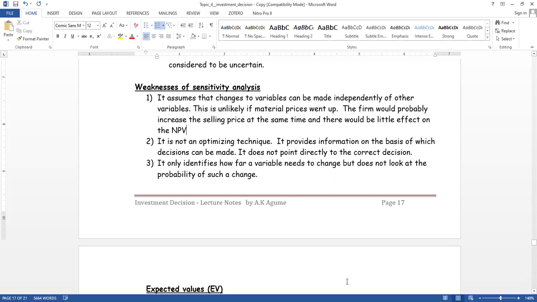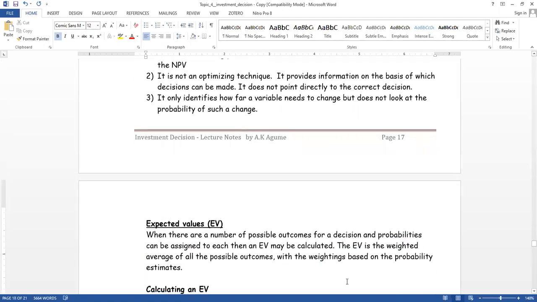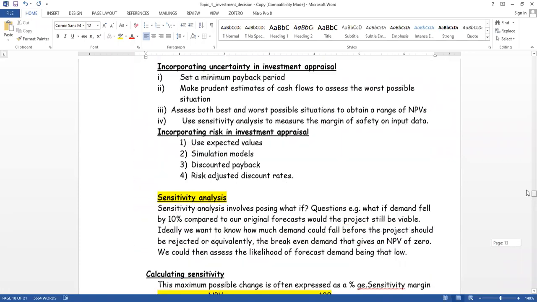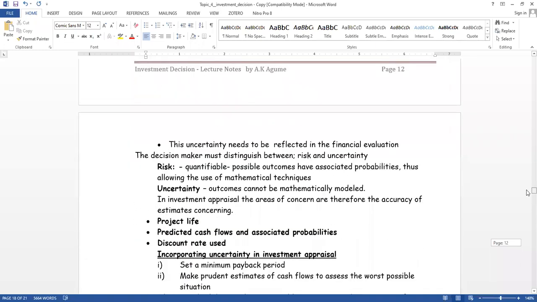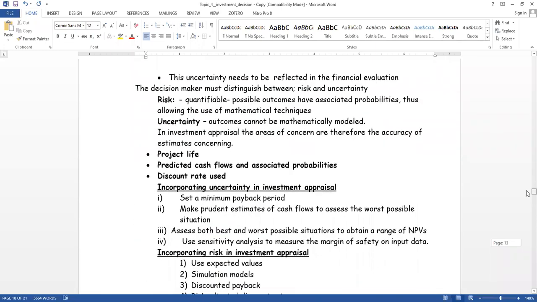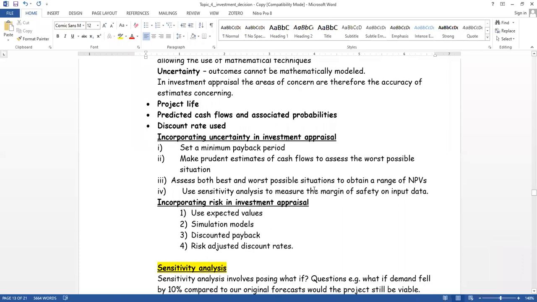Now, then we also have another, expected values. Because remember we are looking at how you can incorporate risk. Because we said, how can you incorporate risk in investment appraisal? So you can also use expected values.